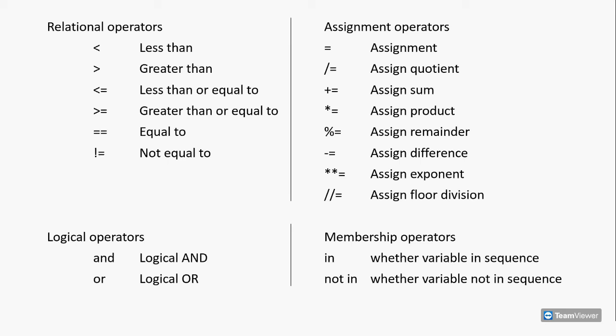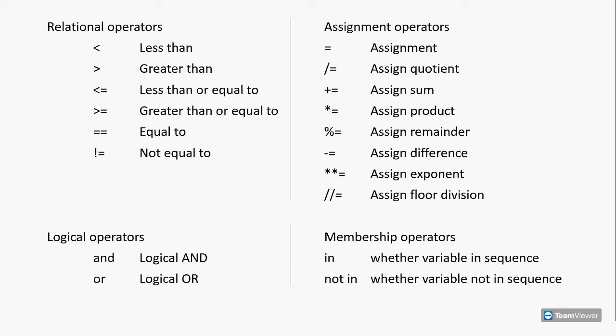Less than, greater than, less than or equal to, greater than or equal to, two equal to signs which means equal to, exclamation mark followed by an equal to sign which means not equal to. Then we have the logical operators, and this is the logical AND, or which is the logical OR.